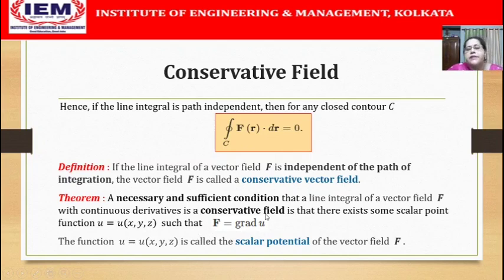We can easily understand this because a conservative vector field means nothing but that the line integral is independent of the path of integration. And we have just now seen that the condition for the line integral to be path independent is nothing but that there exists a scalar function u such that f equals grad u. And this scalar point function u is called the scalar potential of the vector field f.